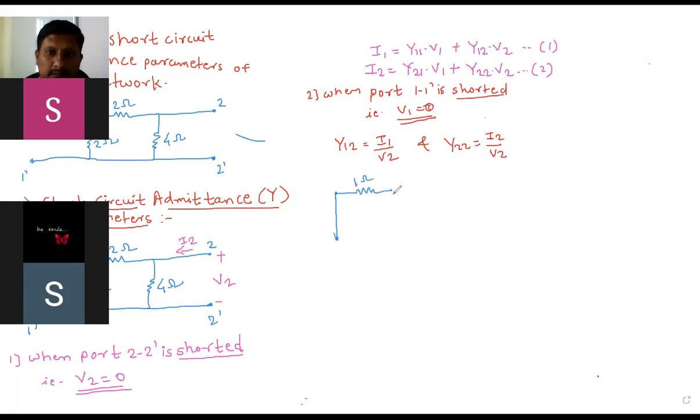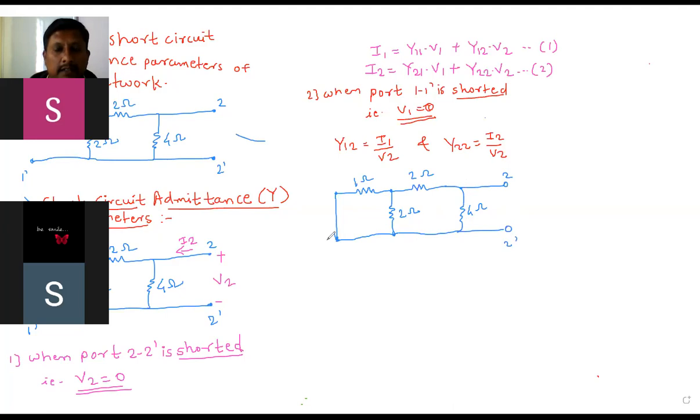This is 1 ohm. This is 2 ohm. This is 2 ohm. This is the 4 ohm. This is 2 dash. And the first port is shorted, that is V1 equal to 0.